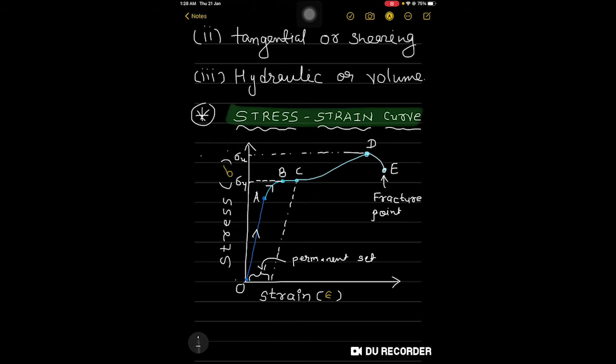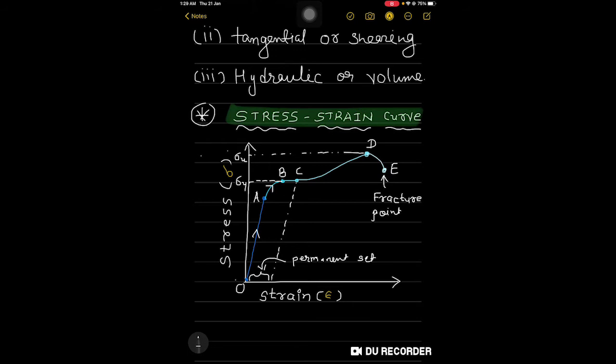If the ultimate strength and the fracture points, D and E, are close, the material is said to be brittle. If they are far apart, the material is said to be ductile.